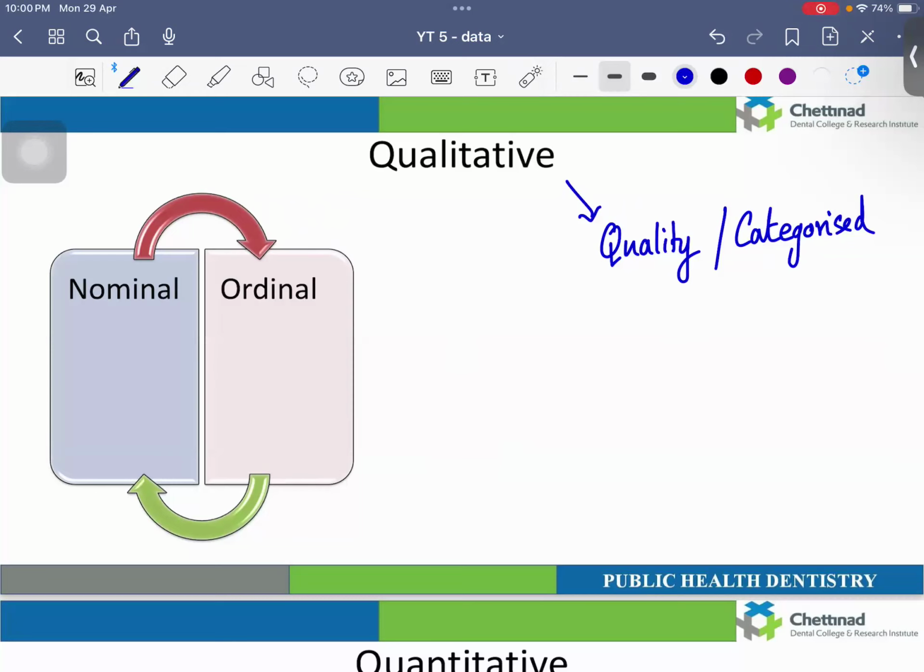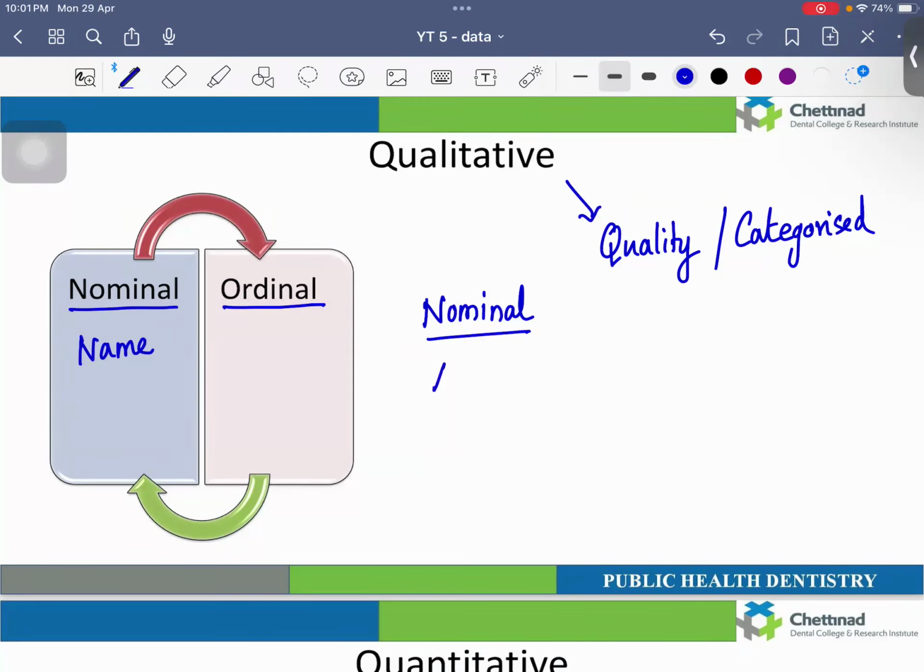This qualitative data is further divided into nominal and ordinal. Nominal, nom means name. Any data that has just a category, that is just represented by a category or a name, is called nominal data.